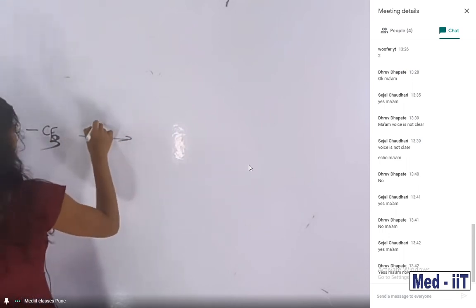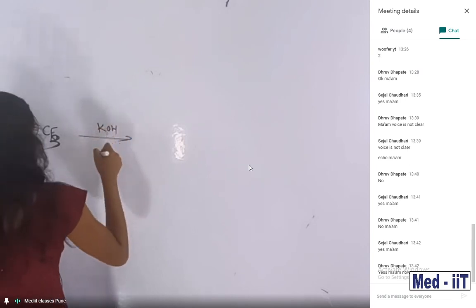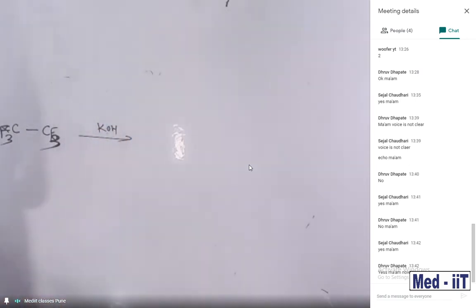Suppose any base, KOH or any base. Suppose, what about the product, students? It's not possible because of CF2H. Okay, now it's okay, students.